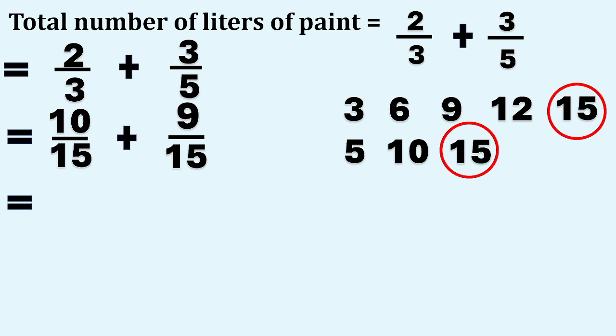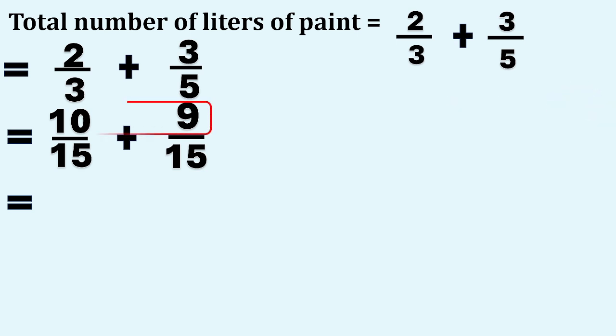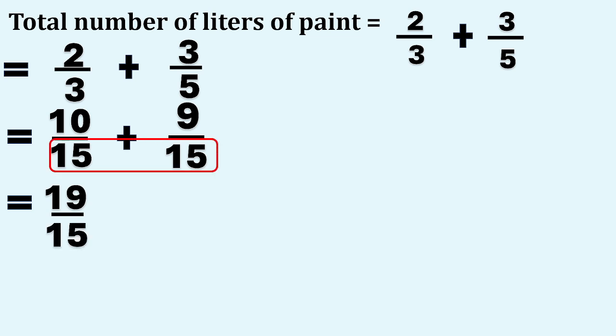Now, add the numerators 10 plus 9. 10 plus 9 equals 19. And copy the denominator 15. So, the answer is 19/15.